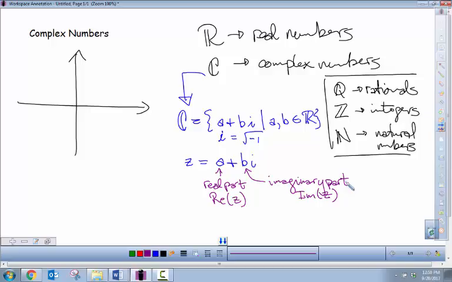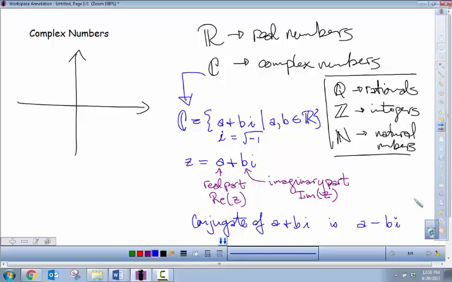We talked about conjugates also. The conjugate of a plus bi is a minus bi. So the conjugate just throws a negative sign onto the imaginary part.